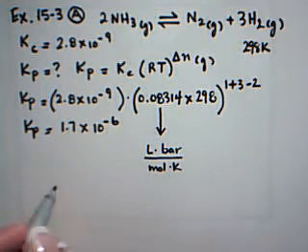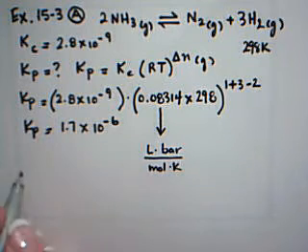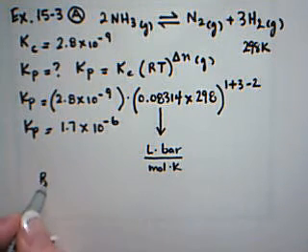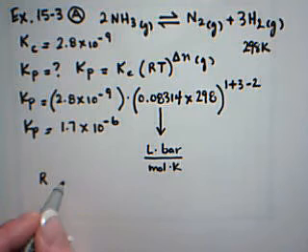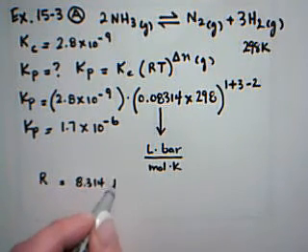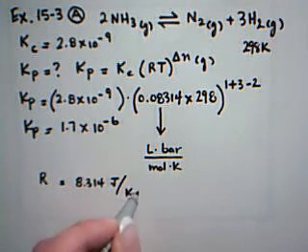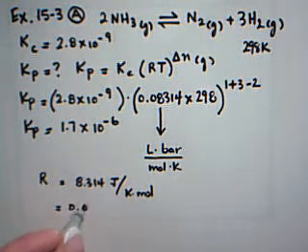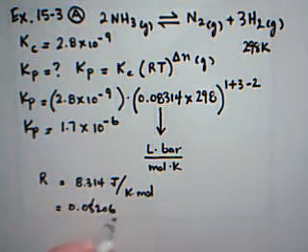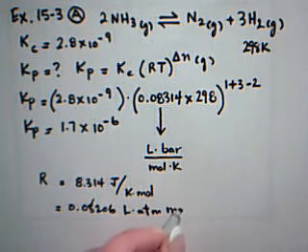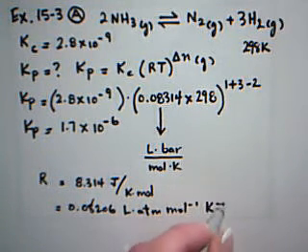So we'll just remind you right here, good a place as any, the values of R given on the exam. They will be 8.314 joule per mole Kelvin. The other one is 0.08206 liter atmosphere per mole Kelvin.